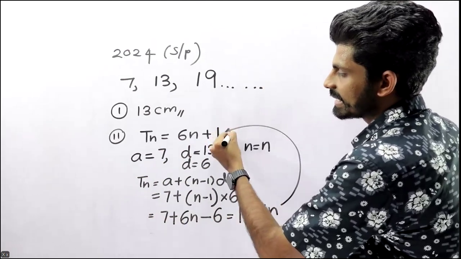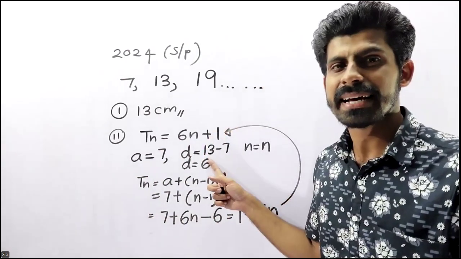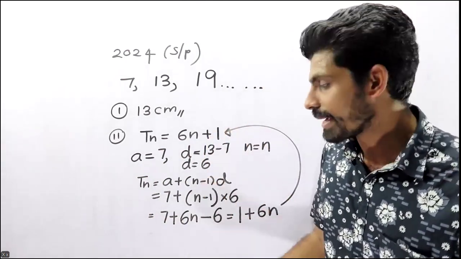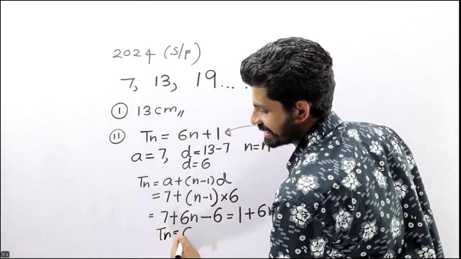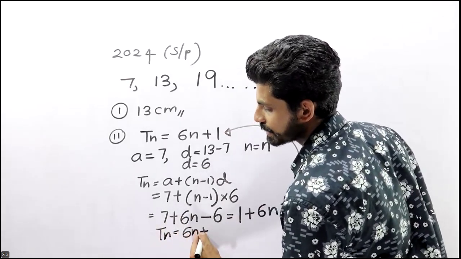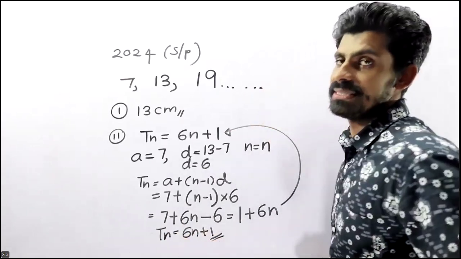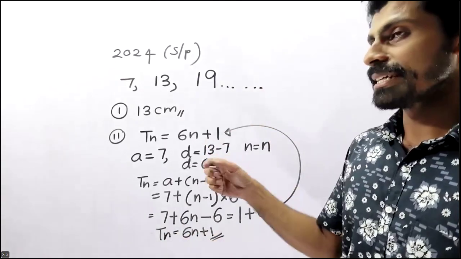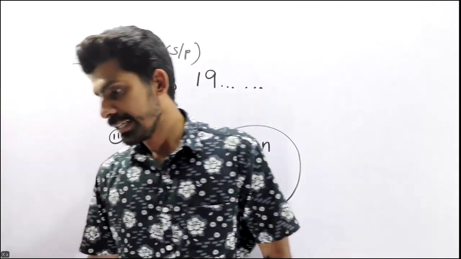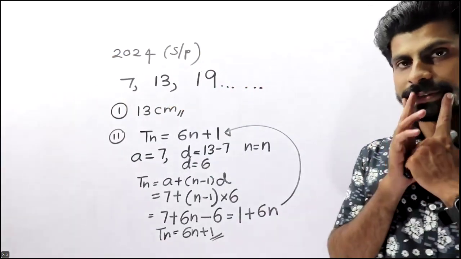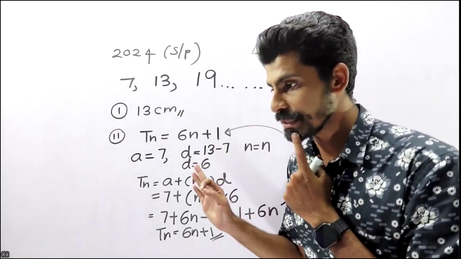You can clearly see we can easily get the answer: Tn equals 6n plus 1. Very easy, right? So that one is very clear.